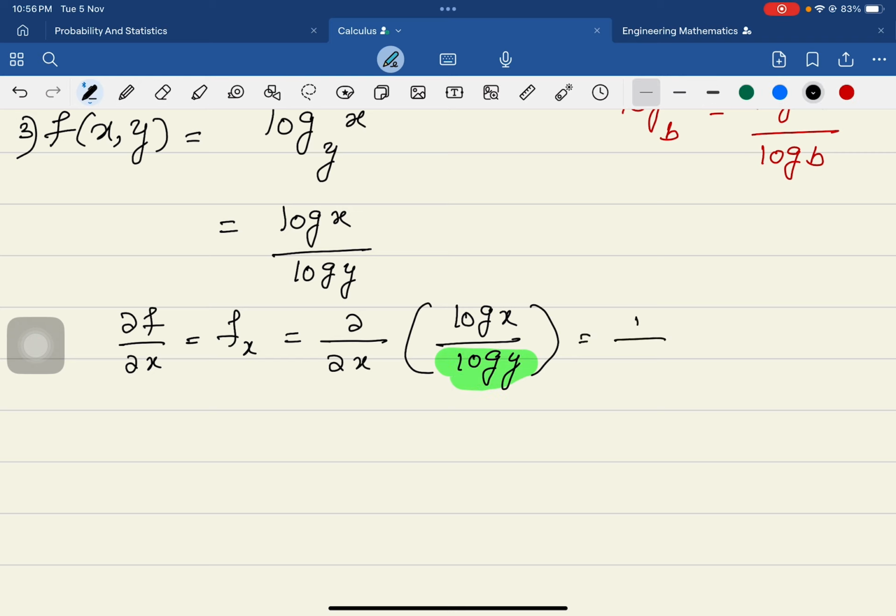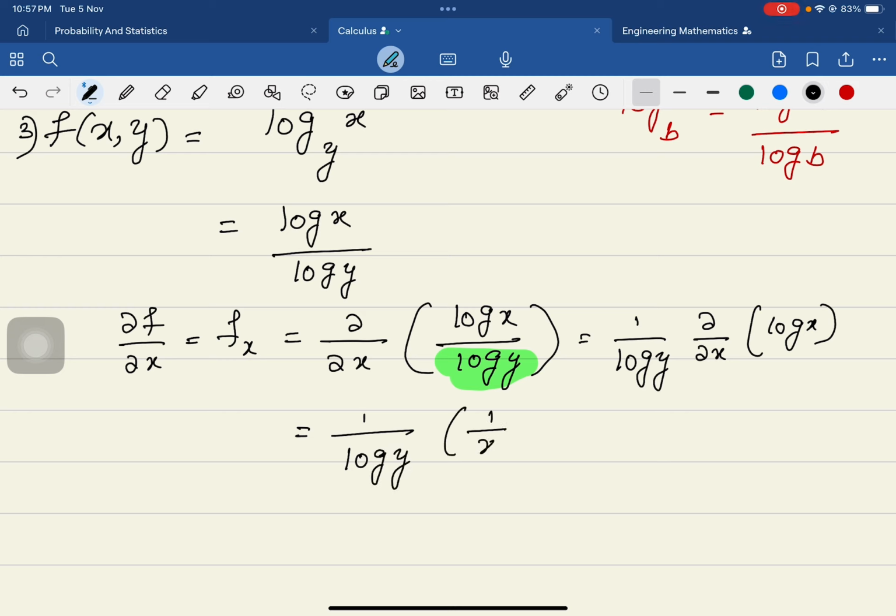So keep 1 over log y as it is, and we have to take the derivative of log x. What is the derivative of log x? It is 1 over log y times ∂/∂x of log x, which is 1 over x.